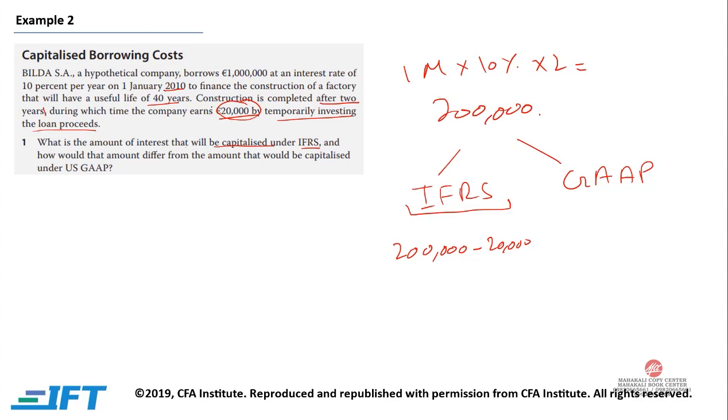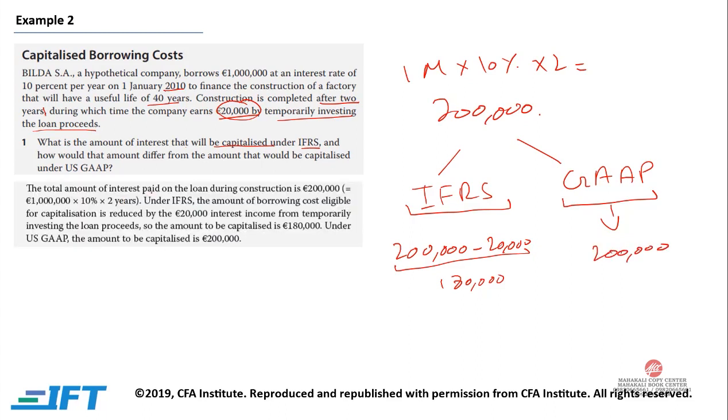It takes some time for the construction and we are not using 1 million immediately, so some of the cash would be invested and we are earning 20,000 from temporary investing. So the capitalized amount would be 180,000, and in GAAP you are not allowed to do this, hence the capitalized amount would be 200,000.